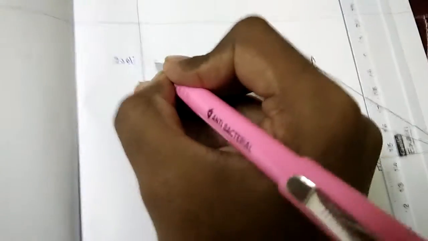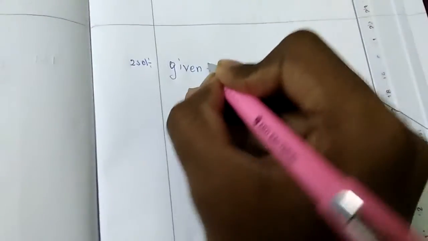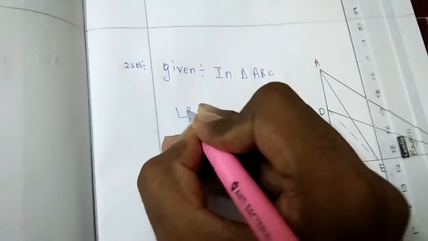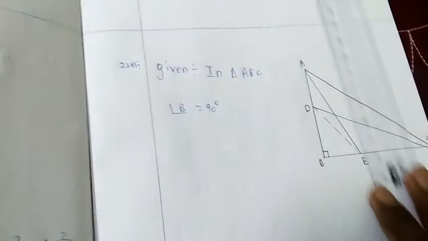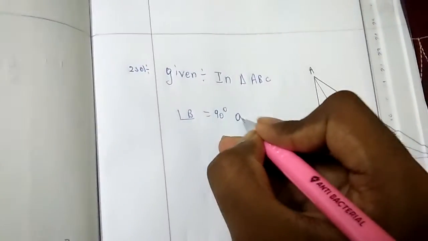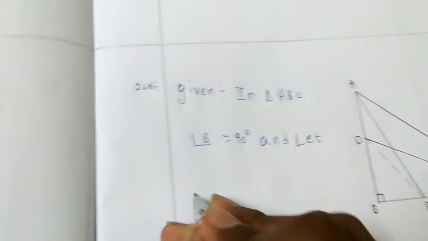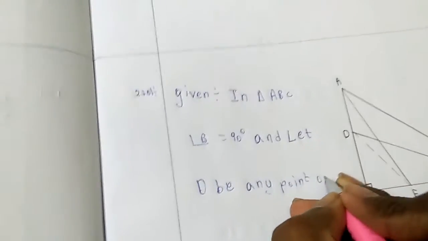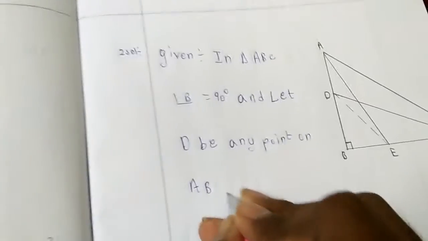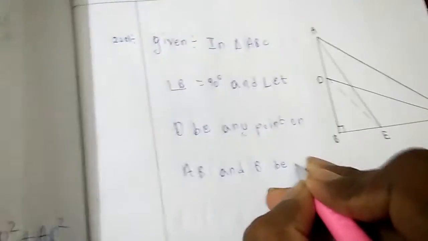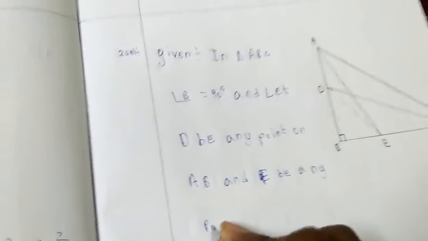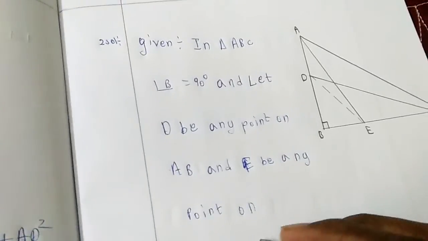So given, in triangle ABC, angle B is equal to 90 degrees, and let D be any point on AB and E be any point on BC.